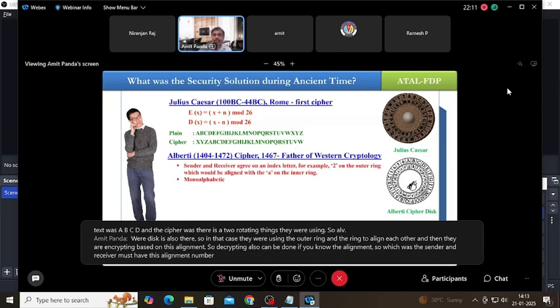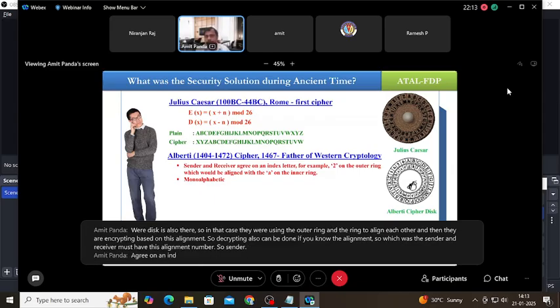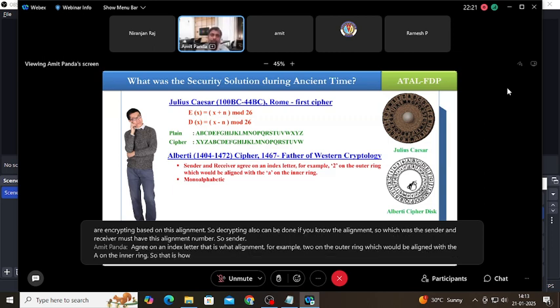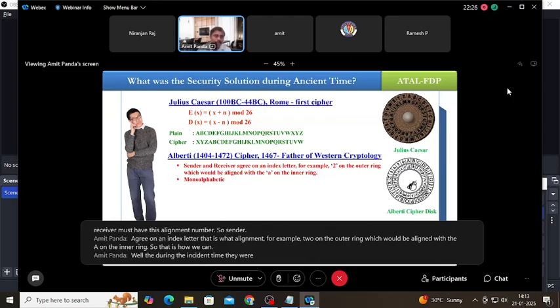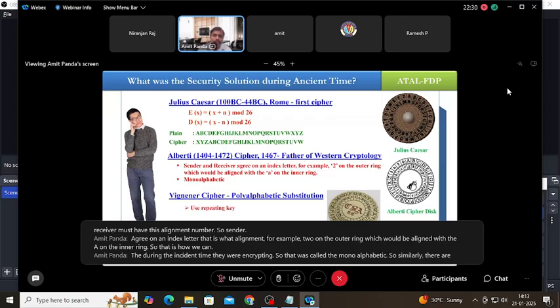The sender and receiver agree on an index letter, that is the alignment. For example, 2 on the outer ring would be aligned with the A on the inner ring. That is how they were encrypting in ancient times. That was called monoalphabetic. Similarly, there are a lot of ways they were doing this.